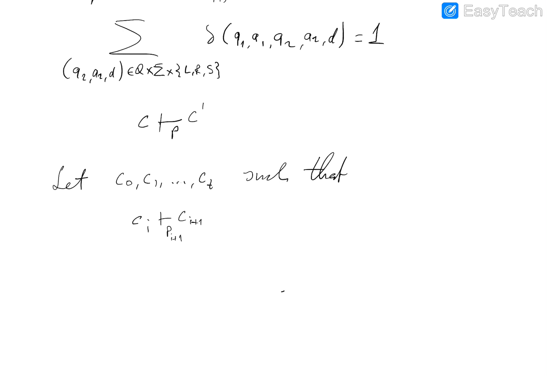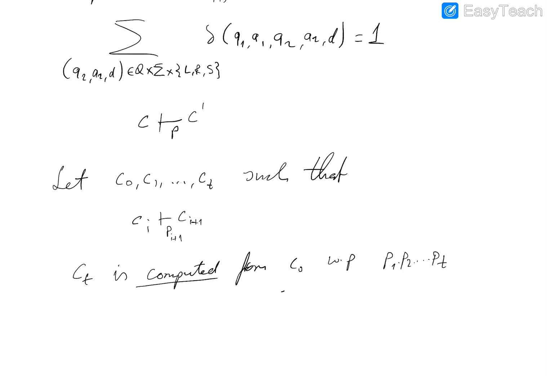Then we say that Ct is computed from C0 with probability P1 times P2 times Pt.